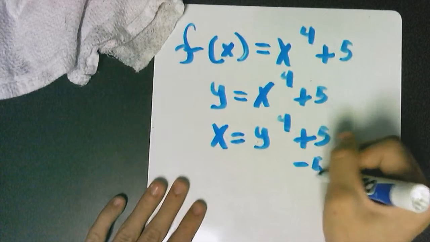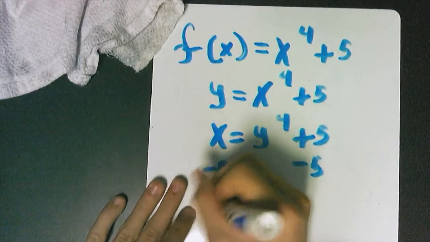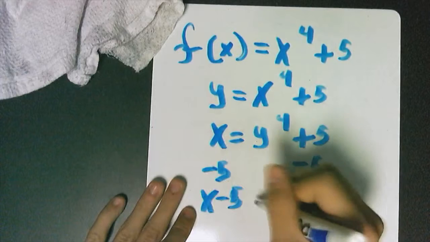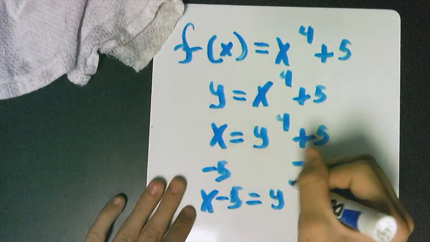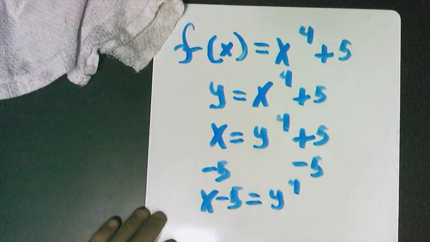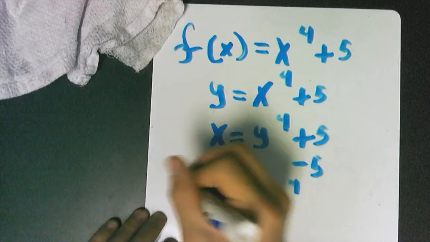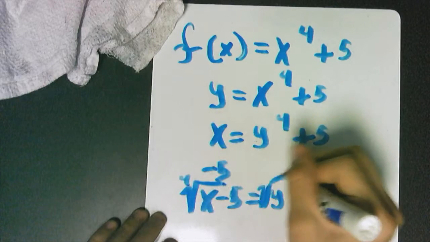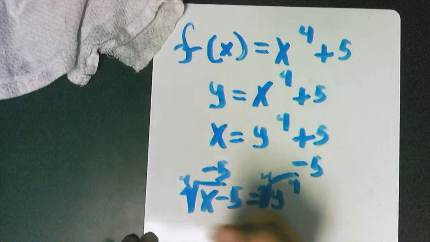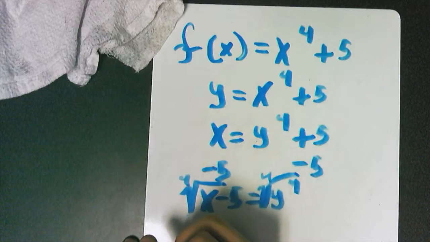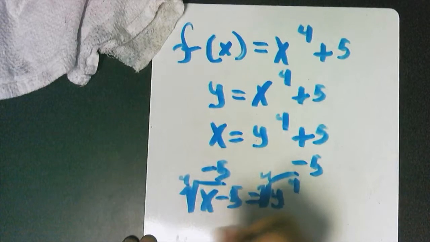And now subtract the 5 from each side of the equal sign. So you get x minus 5 equals y to the 4th. And now take the 4th root of each side to get y by itself. And you get the 4th root of x minus 5 equals y.